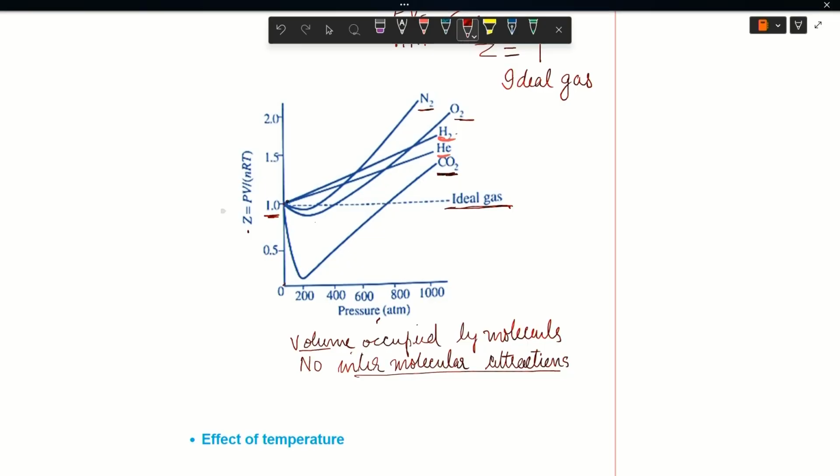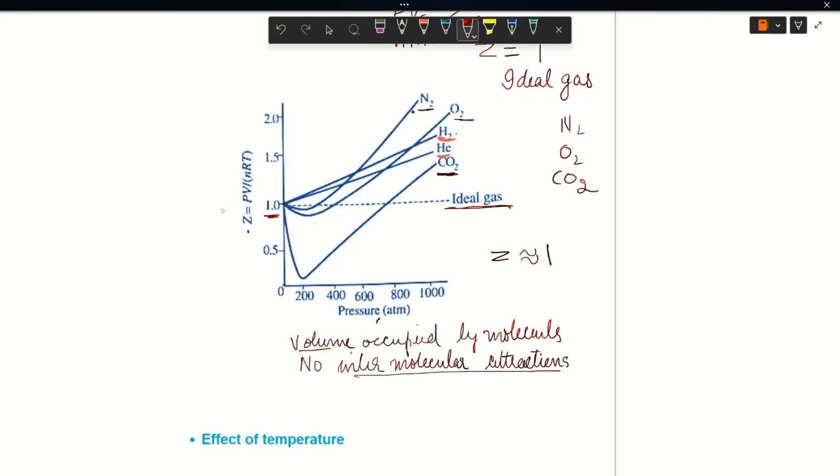So, you can see that the value of Z is almost equal to 1 when the pressure is considered to be 0. That case is okay, but for these three gases, nitrogen, oxygen and carbon dioxide, again they show deviation, that is first they decrease and then increase.